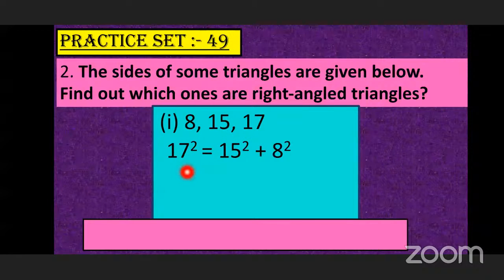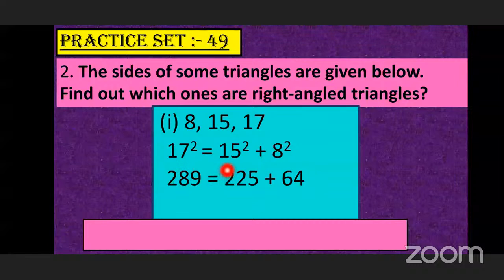So 17 square equals 15 square plus 8 square. If the square of the biggest number is equal to the sum of the squares of the other two numbers, then we can say that it is a Pythagorean triplet, and we can also say that it is making a right angled triangle. The square of 17 is 289.